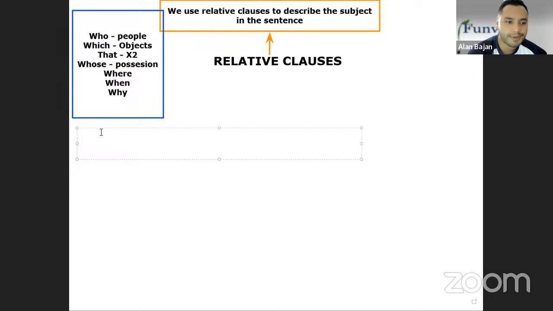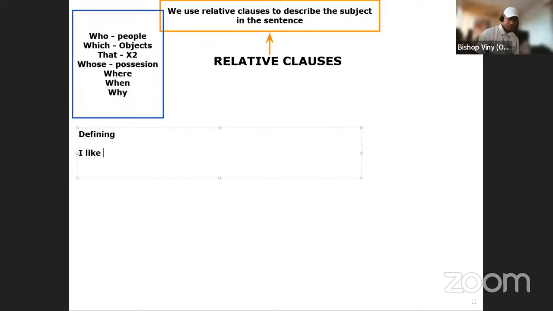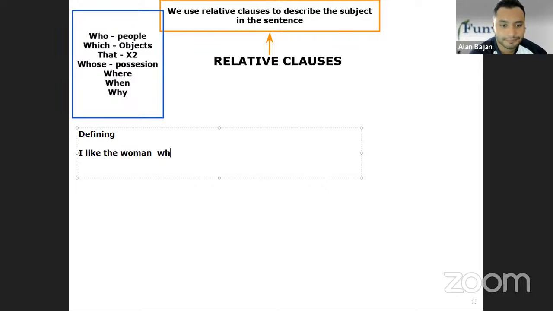So let's start with defining. Okay. I like the woman. What pronoun do I need to use on this case? Who lives next door?